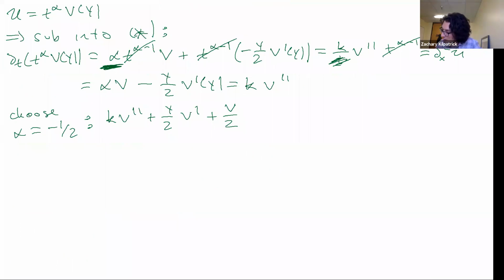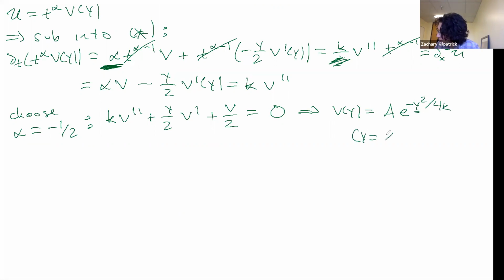So what we have now is this ODE that we started with at the beginning of the class, and we know that v of y is equal to A e to the minus y squared over 4k. But we also have an expression for y.